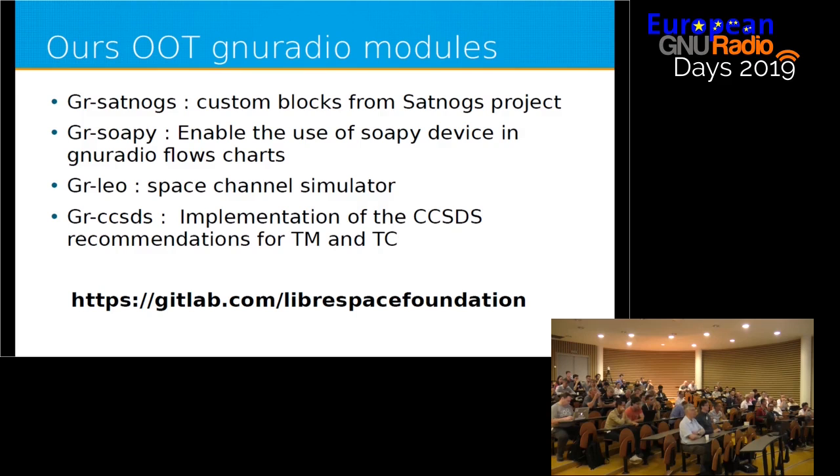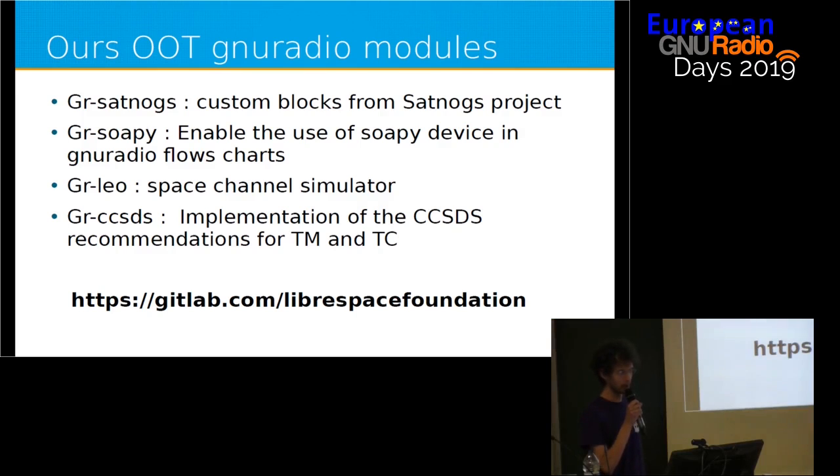We also have a GNU Radio module for LEO. It's a space channel simulator which enables you to simulate the transmission between Earth and an object in LEO orbit. We also have a CCSDS implementation, which is a recommendation for telemetry and telecommand protocols.